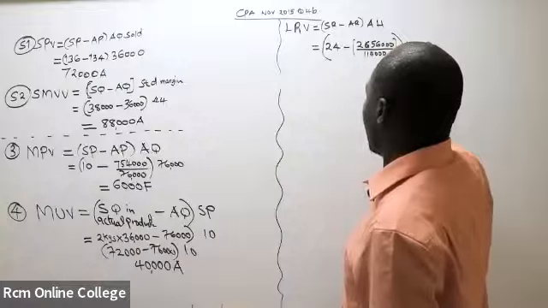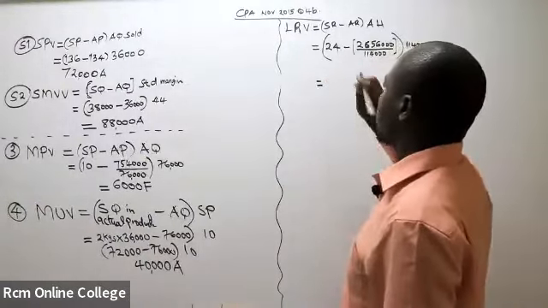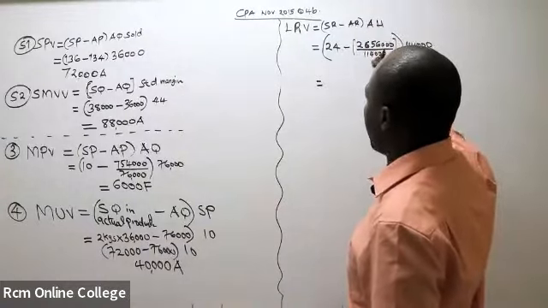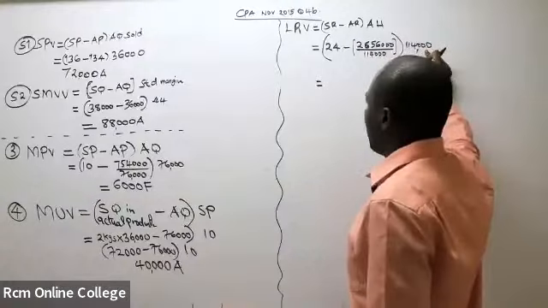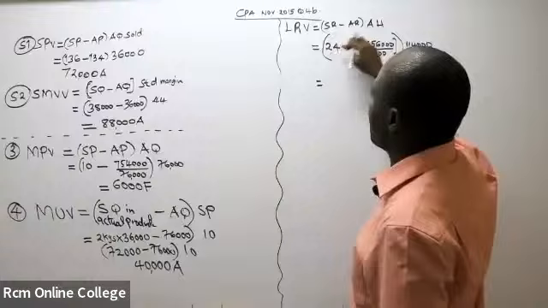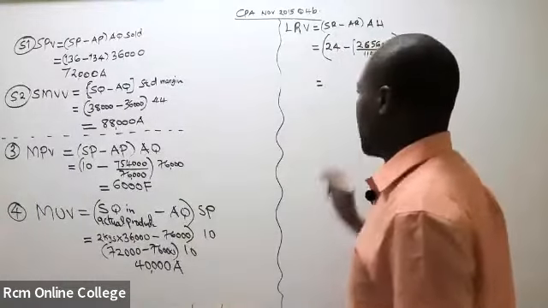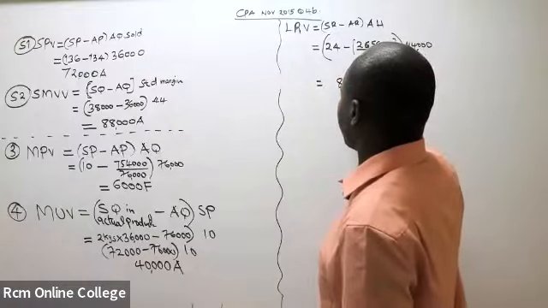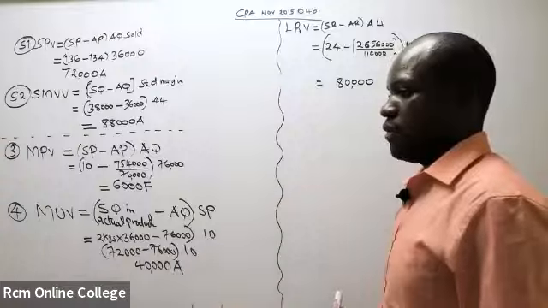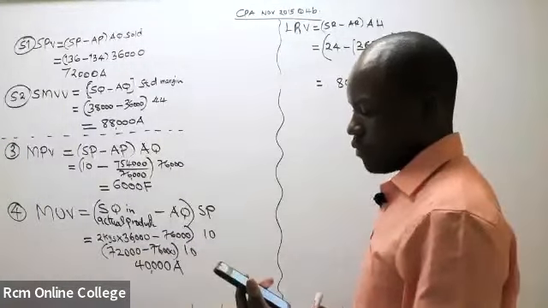So 24 minus this, look carefully, this divided by this one here, multiply by the same actual hours. So just take this times this one minus 56,000. What do we get? 80,000 favorable. Good. Then we move to the next one.